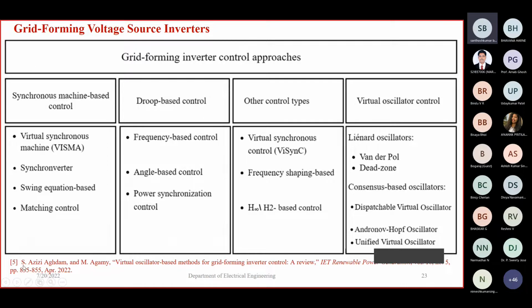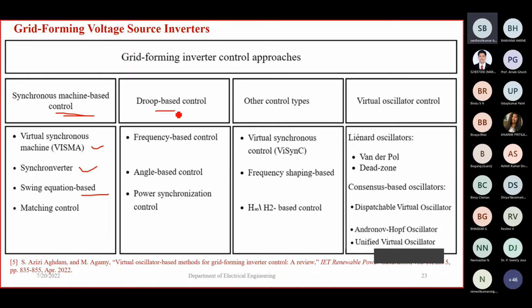Here you can see different control ideas based on the synchronous machine. From the synchronous machine characteristics, researchers are inspired toward the virtual synchronous machine, the conventional synchronous concept. They have developed different control strategies based on the swing equation.